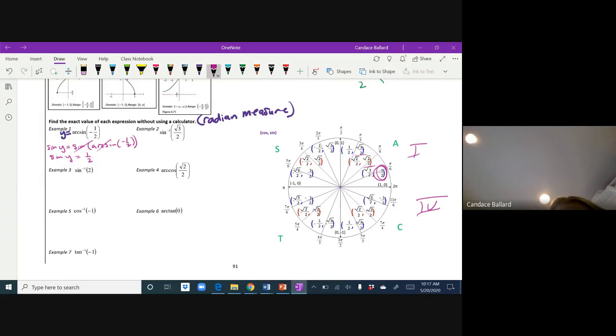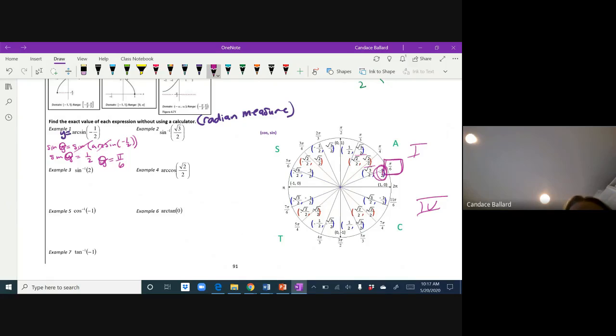There's only going to be one place where that's true. So that place is -pi over 6. So we would want to say, if we were going to use this notation that we added in here, that y is equal to, should have probably used theta, -pi over 6. Theta would have been better because theta means angle.